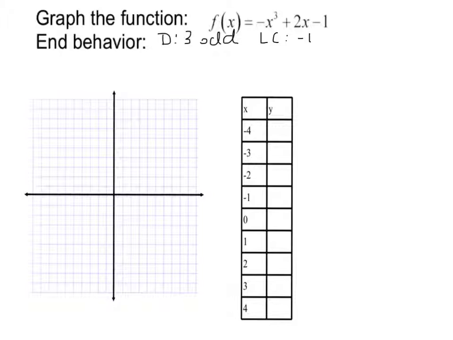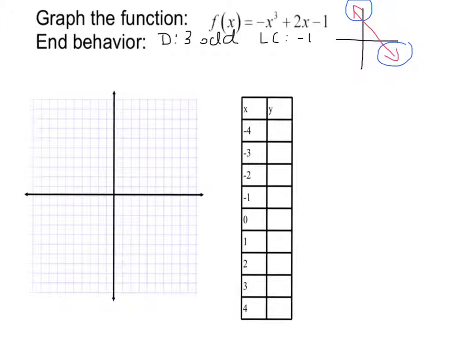Therefore, the ends of the graph are going to behave like a line that has a negative slope. We are only talking about the ends of the graph, these two parts. In the middle, there will be some curves.